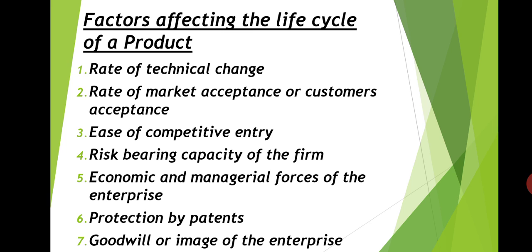For example, the life cycle of products in developing countries like India, where the rate of technical change is not very high, is longer as compared to the life cycle of products in developed countries where technical change is at a higher rate. So that's why the rate of technical change also affects the life cycle of a product.